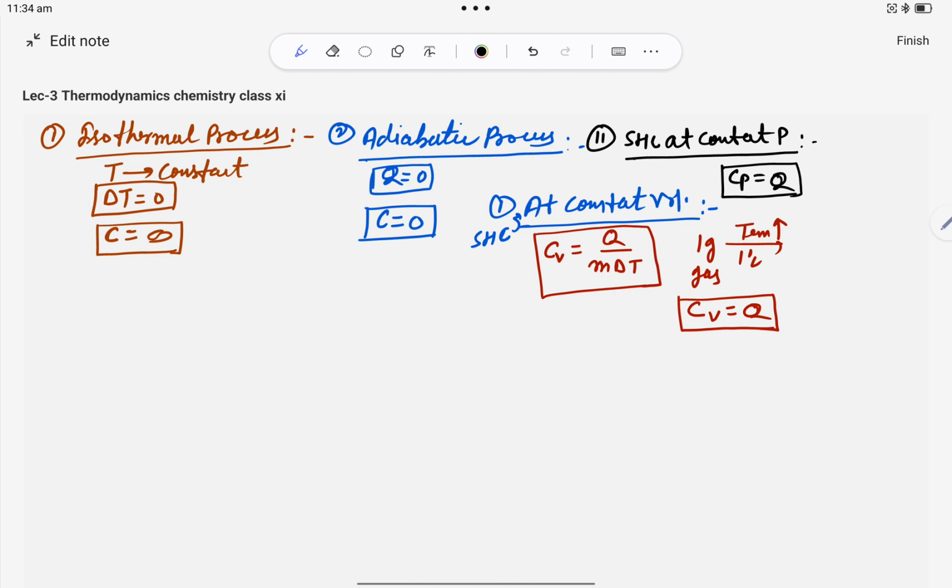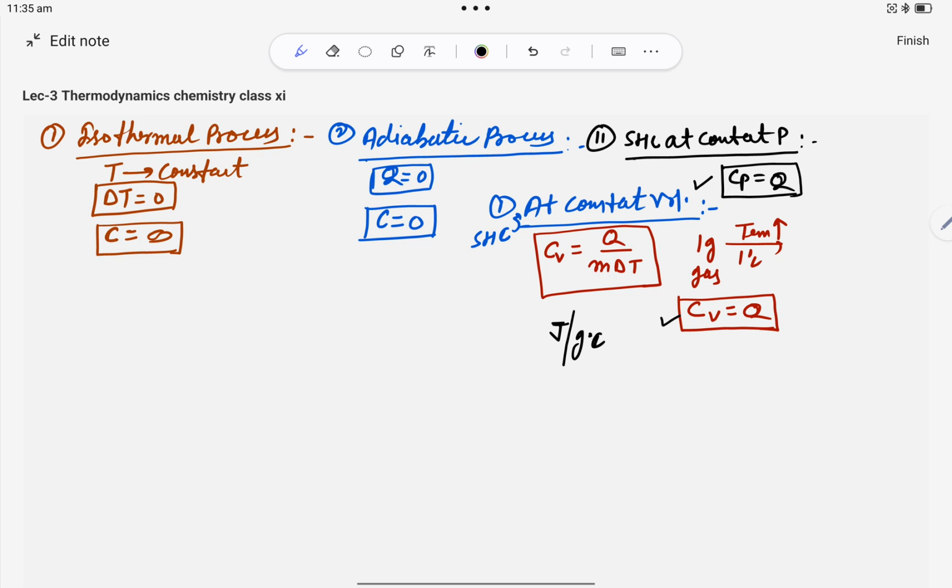These are the small cp and cv. If you are talking about the unit, then the unit is joule per gram degree Celsius.